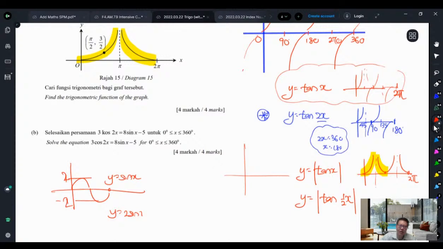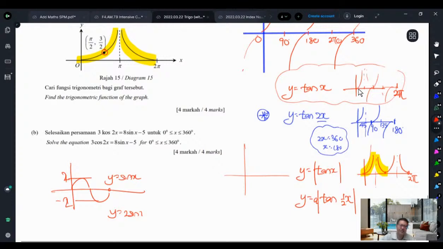It's just a little bit steeper, but you cannot see, right? So for this question, we don't know the value of a in front, except when they give you a point.